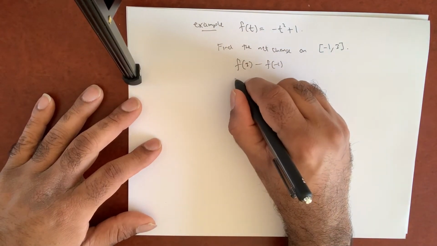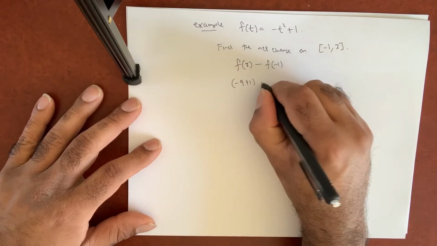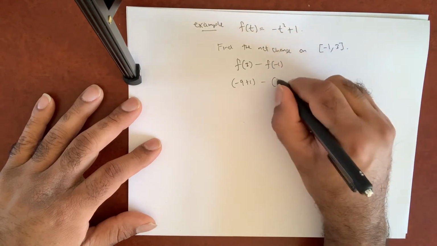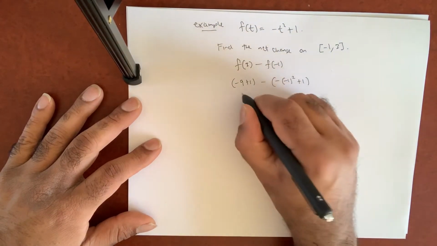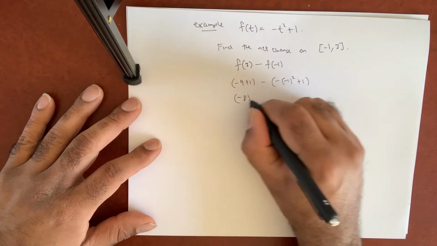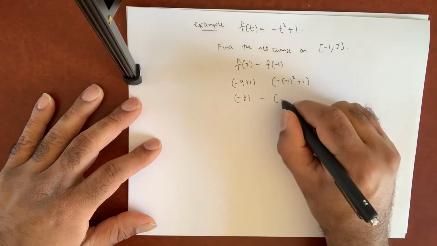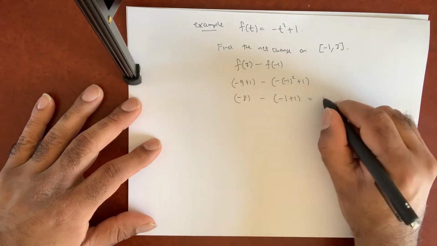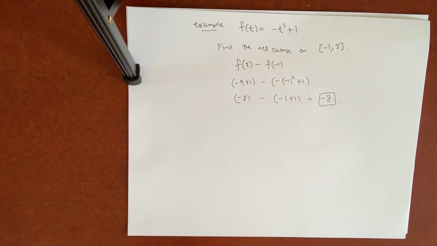That's -9 plus 1, minus, if you plug in -1, you get -1 squared plus 1. So you have -8 here minus, -1 squared is 1, and then times another one, so you get -1 plus 1. So this is simply -8 overall. So the net change here is -8.